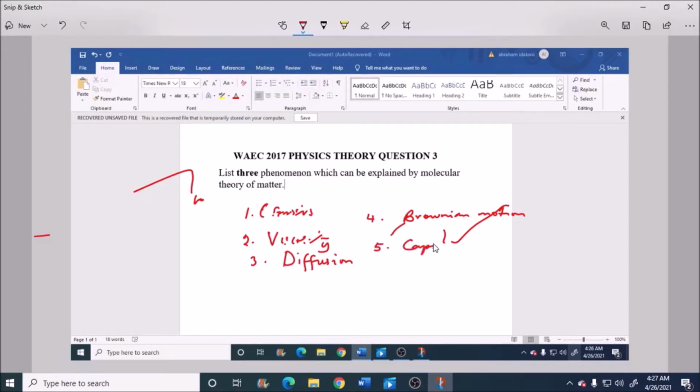So all these are phenomena that can be used to explain molecular theory of matter.